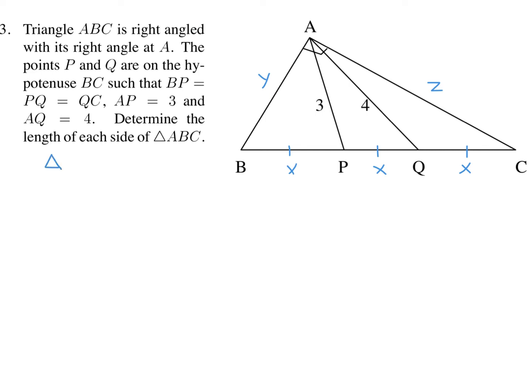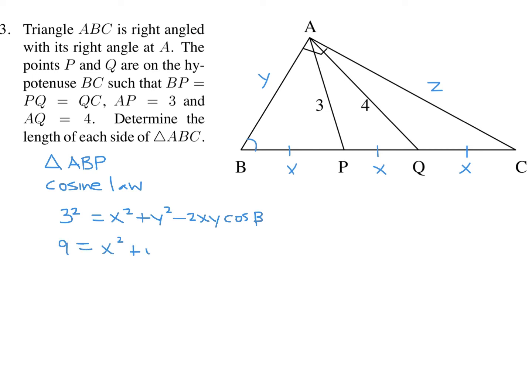So let's try first the triangle ABP cosine law. So ABP, I'm going to use this angle, angle B. So 3 squared is equal to x squared plus y squared minus 2xy cos of angle B. And that means 9 is equal to x squared plus y squared minus 2xy cos of B. But cos of B we can figure out pretty easily.